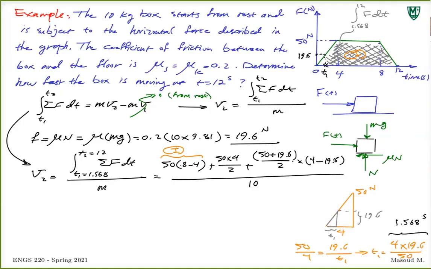This one is this area. And this is this area, basically. You do the math, you'll get V2 as 18 meters per second. Hopefully I did it right, everything there.